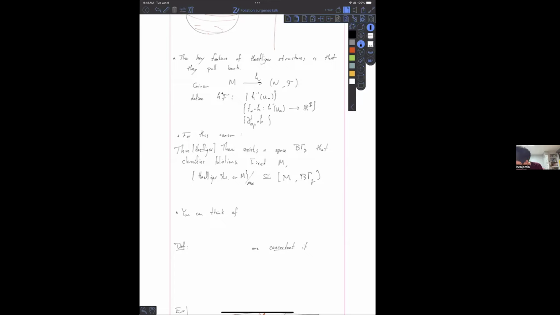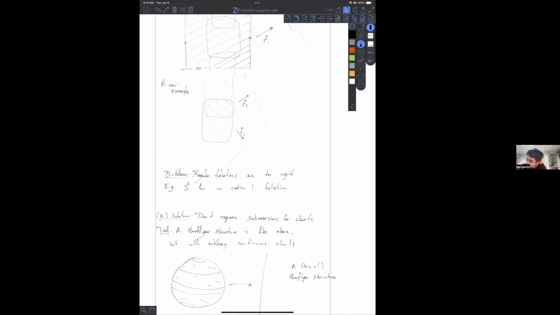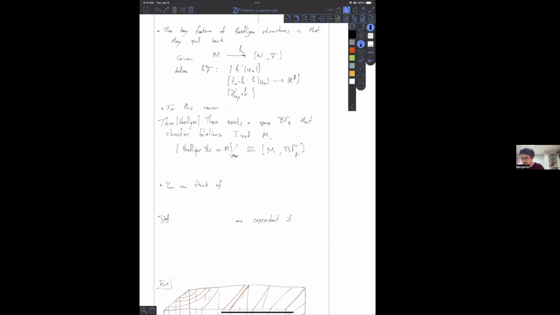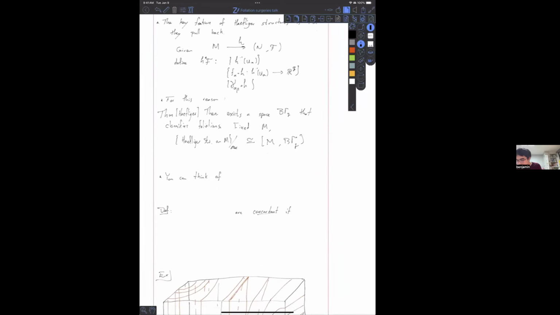At some point I wanted to restrict to orientation preserving coherences, just to be safe, not worry about base points or anything. So you can think of B gamma Q as carrying some universal Haefliger structure, foliation.